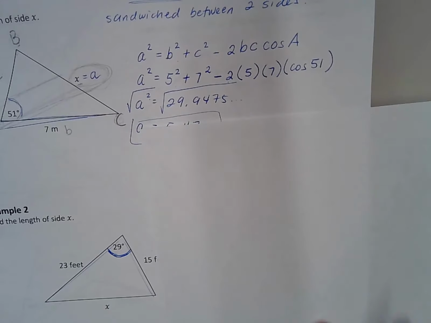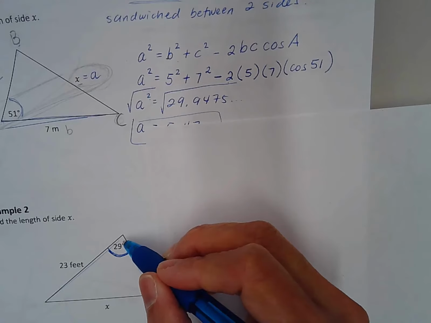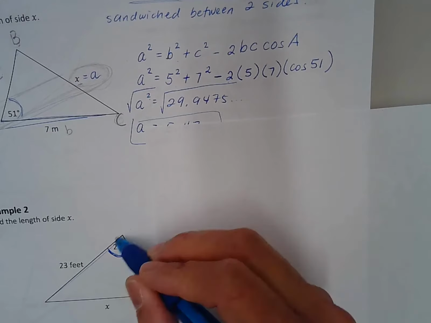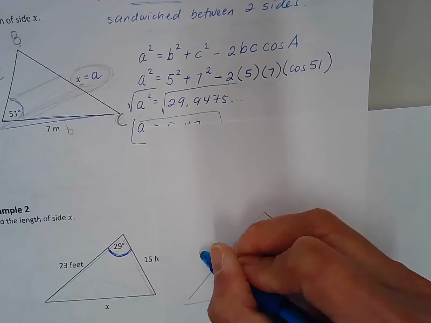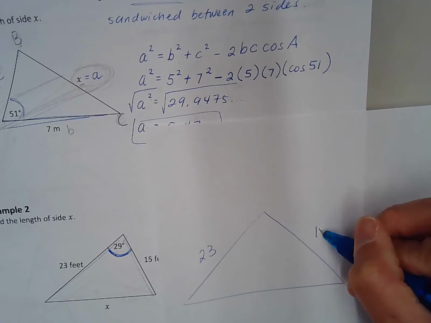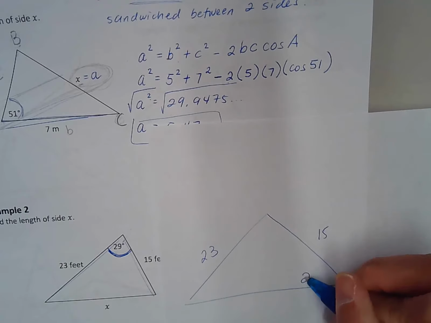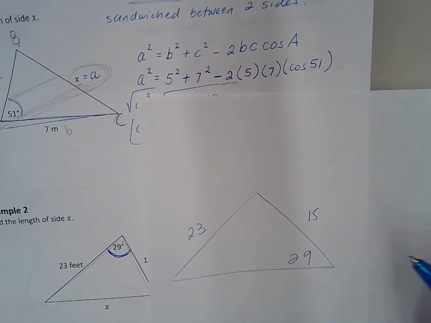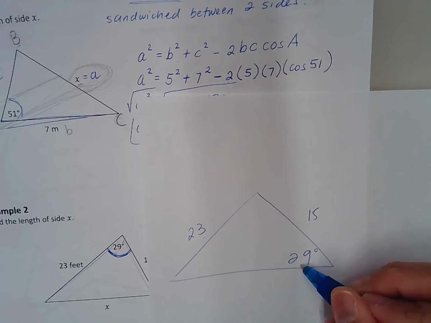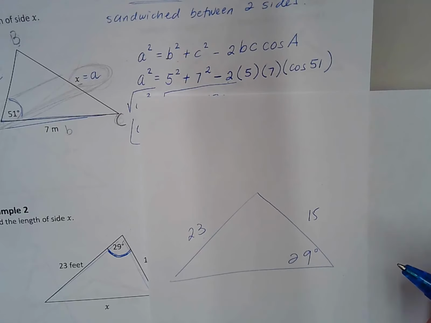When the given angle is sandwiched between the two given sides. So if there's 23 here, there's 15 here, and I move the 29 here, is that still a sandwich? Is the given angle sandwiched between the two sides?